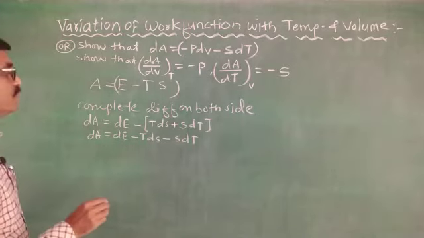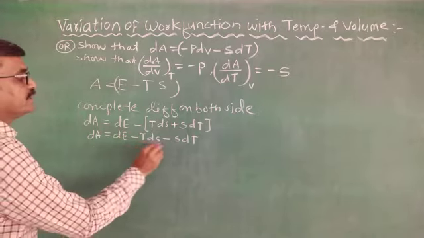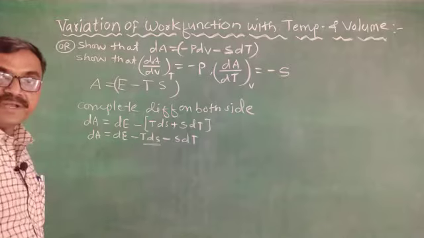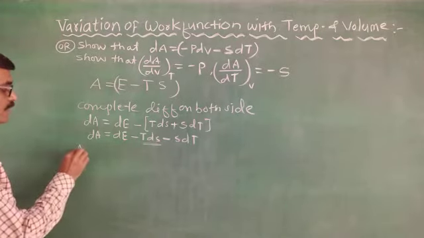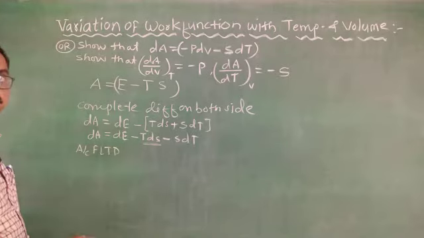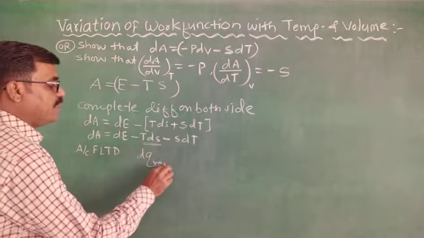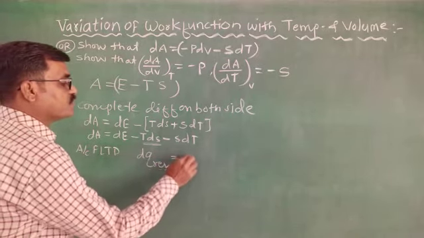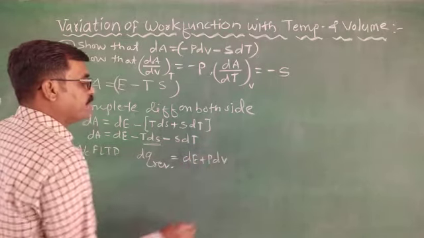Now here you have to calculate the value of TdS. How can it be calculated? According to the first law of thermodynamics, dQ reversible is equal to dE plus P dV.